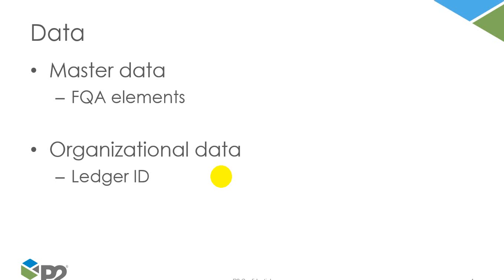We do not need the entity, because the way this works, we set up the code and then the entity is inherited as transactions are done. So say we have one entity that uses this bank code, or multiple, it's going to use the same FQA, but the entity is going to vary depending on what entity or company code is used for the transactions.